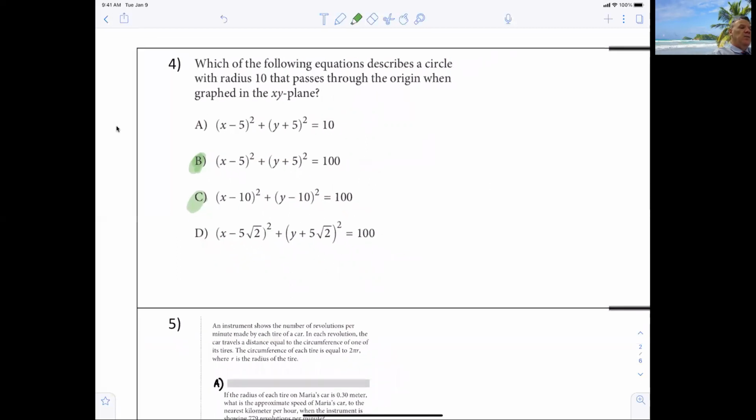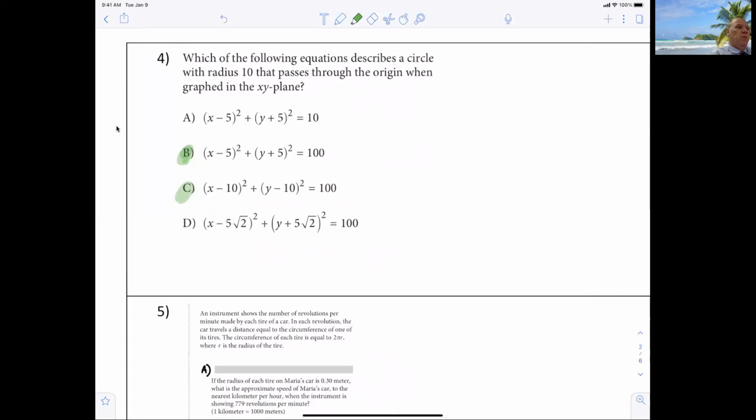All right, now let me see if I'm showing you correctly. The radius is 10 and it passes through the origin, right? So again, I'm not saying to draw things perfectly, but I am saying if I'm just going to make me an X and Y axis, here for letter A, the center is what?